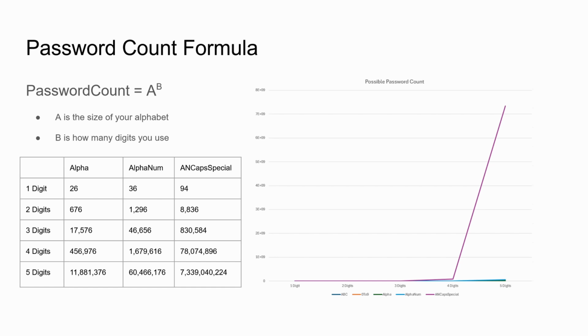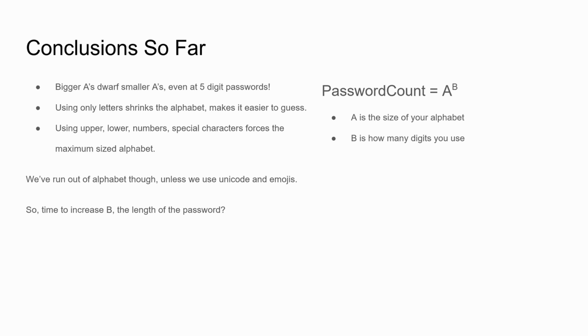And once again, by the time you get to a 5-digit password, it completely dwarfs the previous thing. And we're at 7.3 billion possible passwords, which is pretty nice. So some conclusions so far is we've seen that bigger A's, which is the size of the alphabet, dwarfs smaller A's, even at 5-digit passwords, which is pretty small by today's standards.